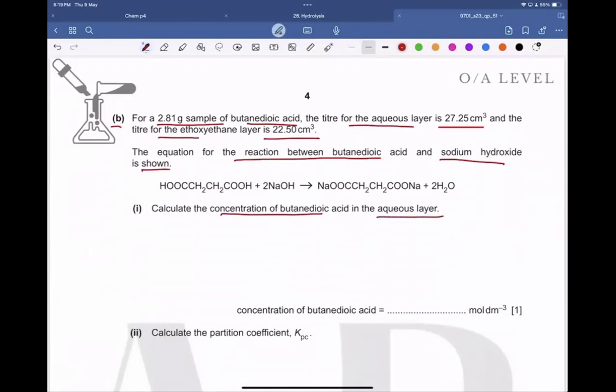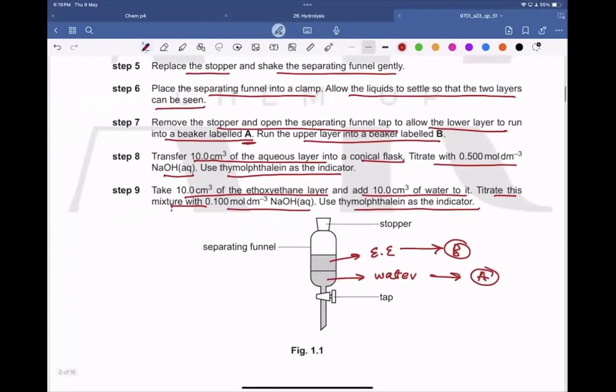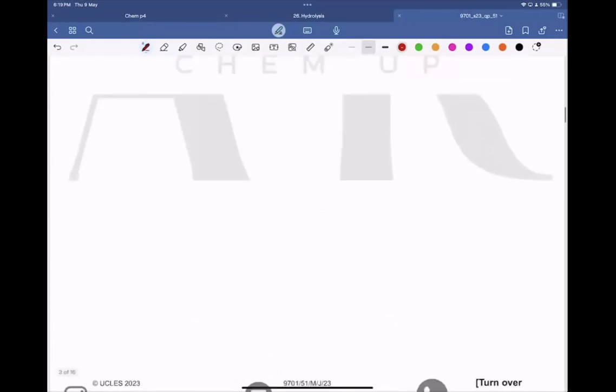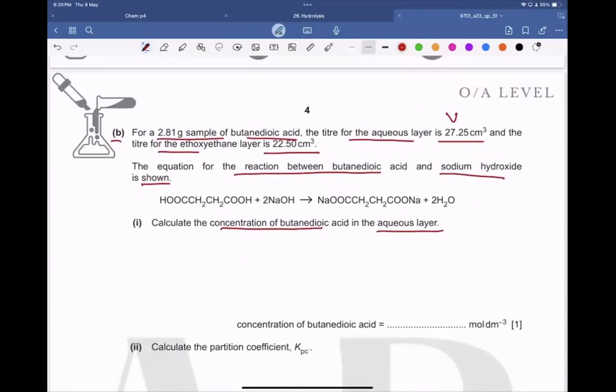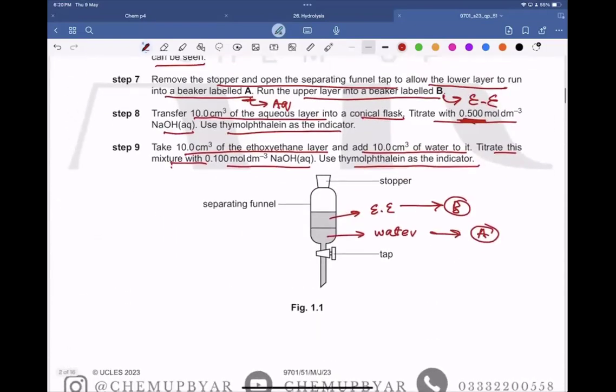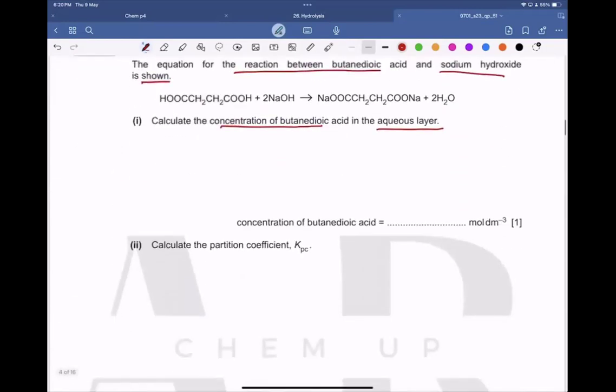Okay. So if you see, we have concluded that this one is the aqueous layer and this one is the ethoxyethane layer. With the aqueous layer, this is the volume of alkali that has been used, right? And what was the concentration? It's 0.500 mole per dm cube.